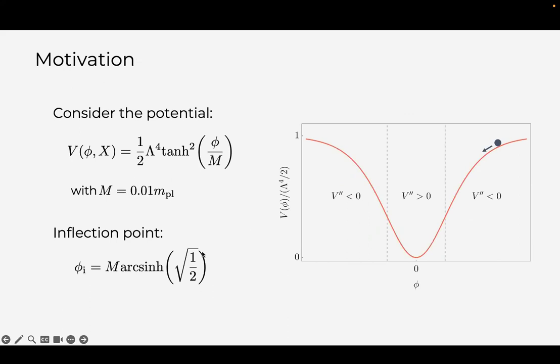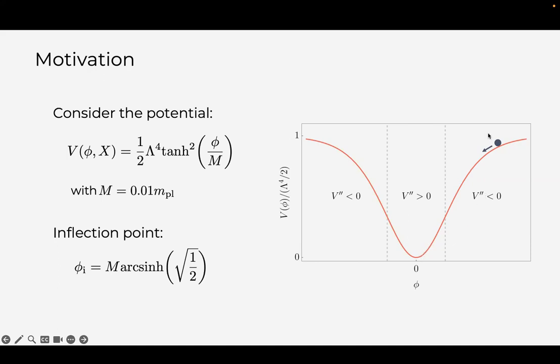So what we effectively have is this inflection point, phi I, which is marked here by the dashed line. And the inflaton rolls down here, right? So it starts in this tachyonic region and then enters this minimum.